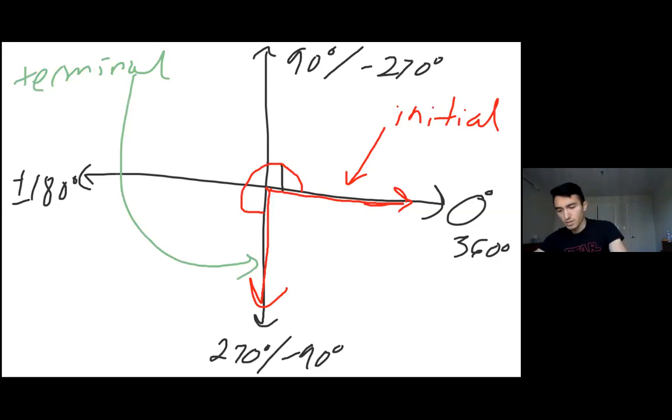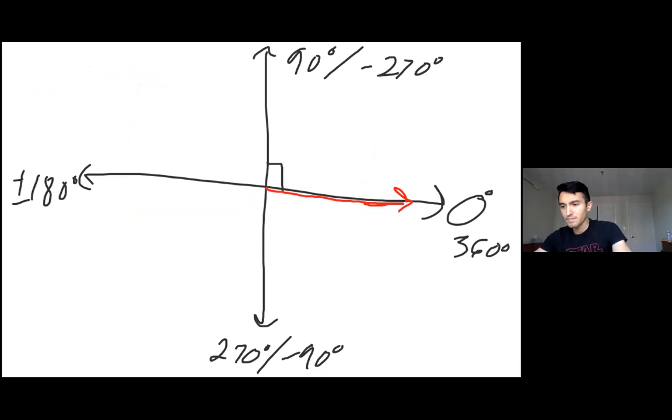So let's just do another example. Let's say, what's an interesting one? We could do like 100, right? Let's say we have to do 100 degrees, okay? Well, I draw my initial side right here, always at 0.